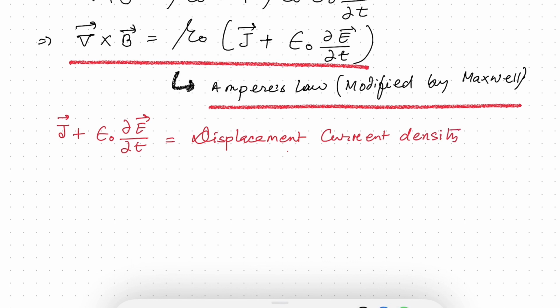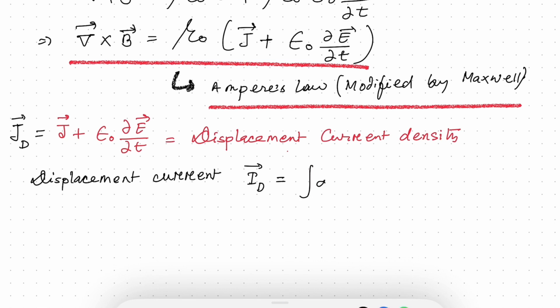We write this as J_D to represent displacement current density, and displacement current I_D is equal to the integration of J_D dS. So this is displacement current.